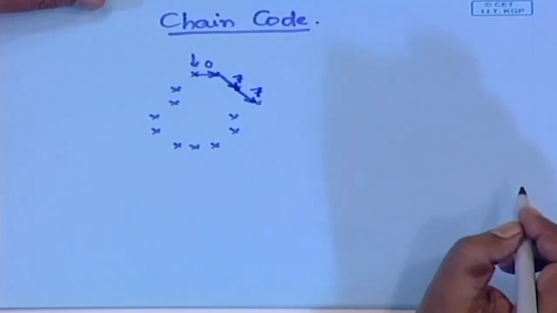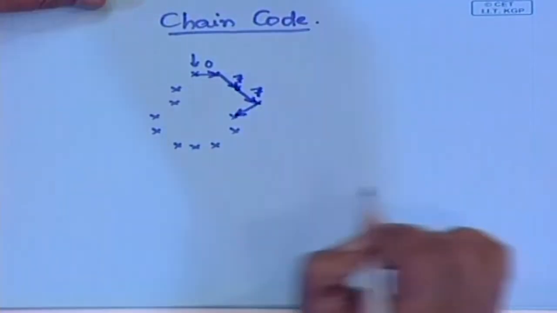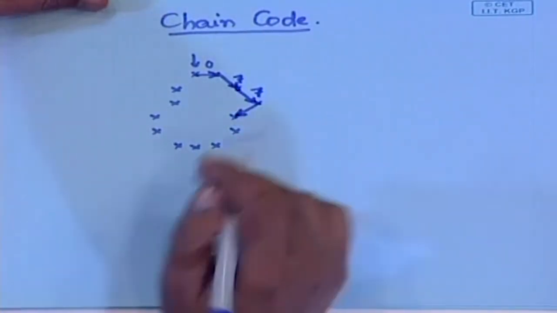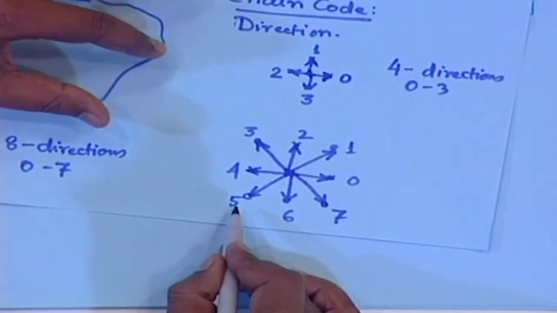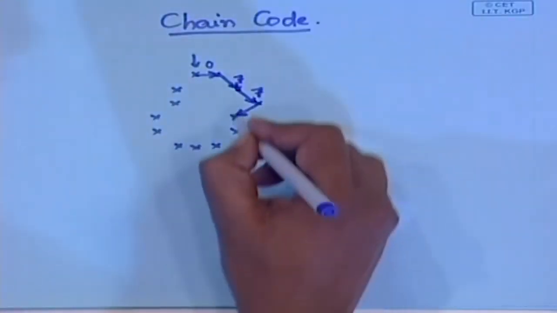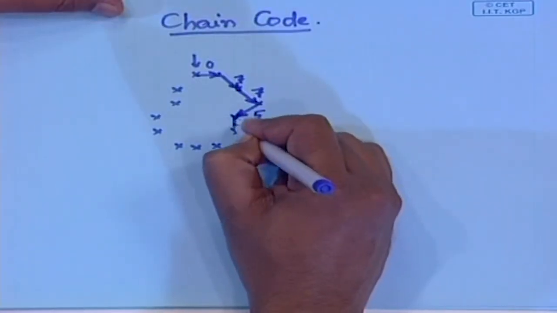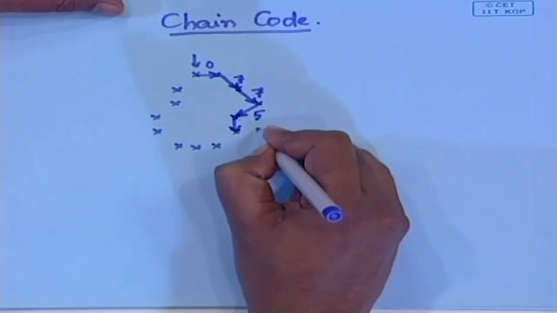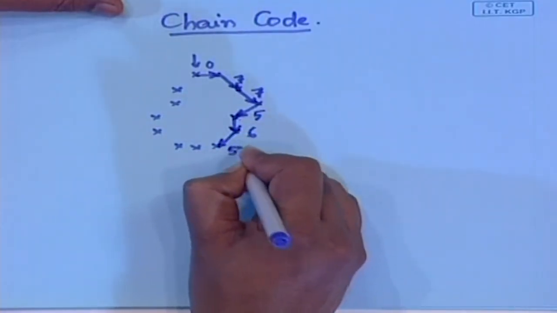Next movement is in the southwest direction, and southwest movement is coded as 5. Okay. So I'll code this as 5. Next one is in the south, which is coded as 6. Again southwest, coded as 5.